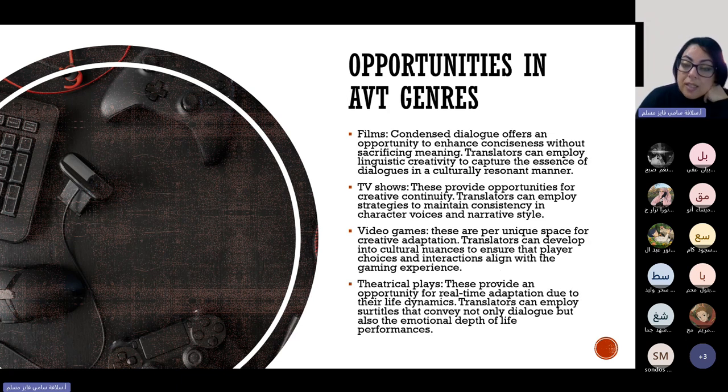The opportunities, on the other hand, for film, since it is a condensed dialogue, it brings the necessary information. For TV shows, this provides a space for creativity, okay?